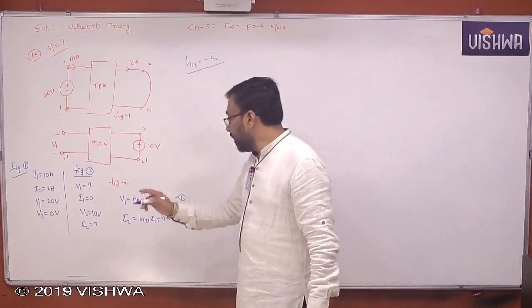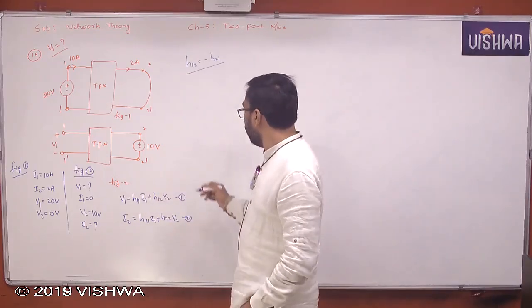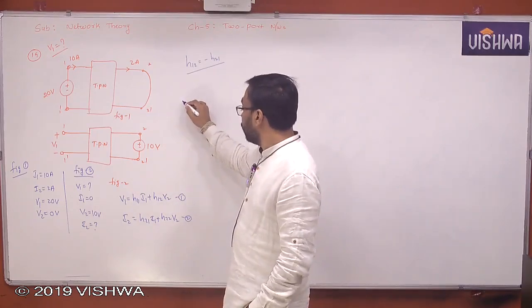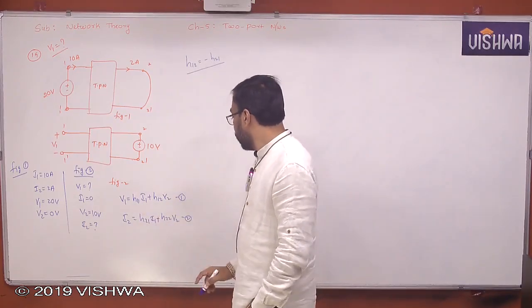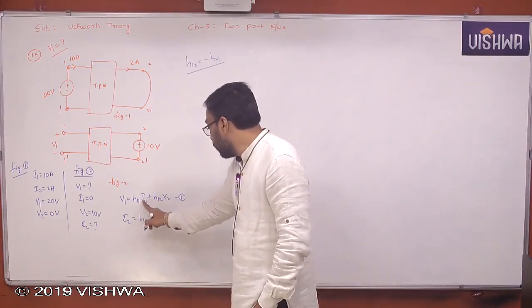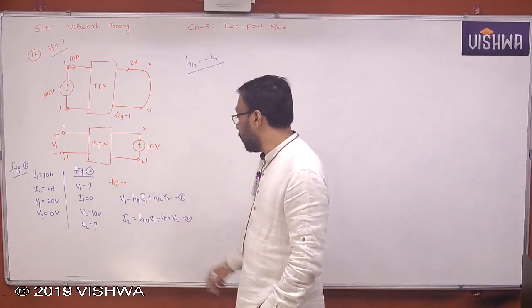So when I1 is 0, from figure 2, you can understand, when I1 is 0, what do you get here? V2 and V1. Some relation you are getting already.